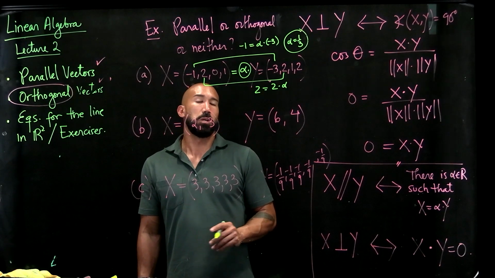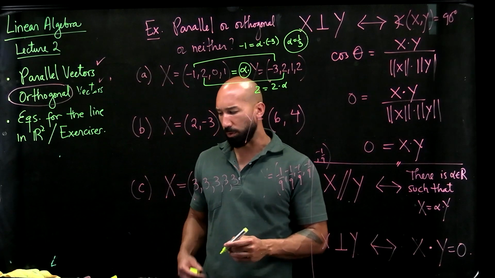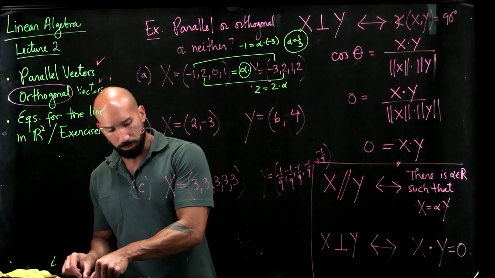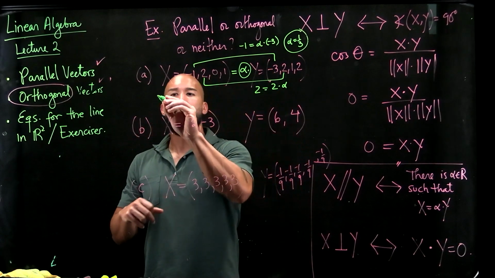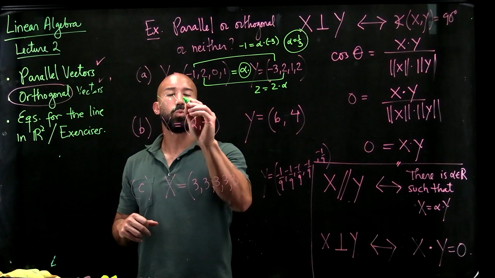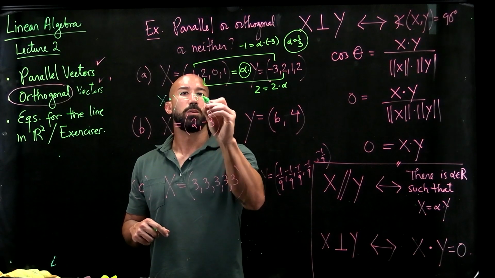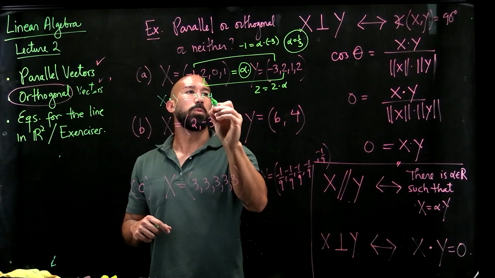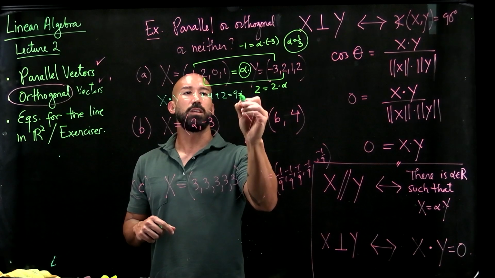Is that okay? So let's see orthogonal. For orthogonal, we need to compute the dot product. Dot product of these two. The dot product is equal to 3 plus 4 plus 0 plus 2, which is giving us 9, different from 0.